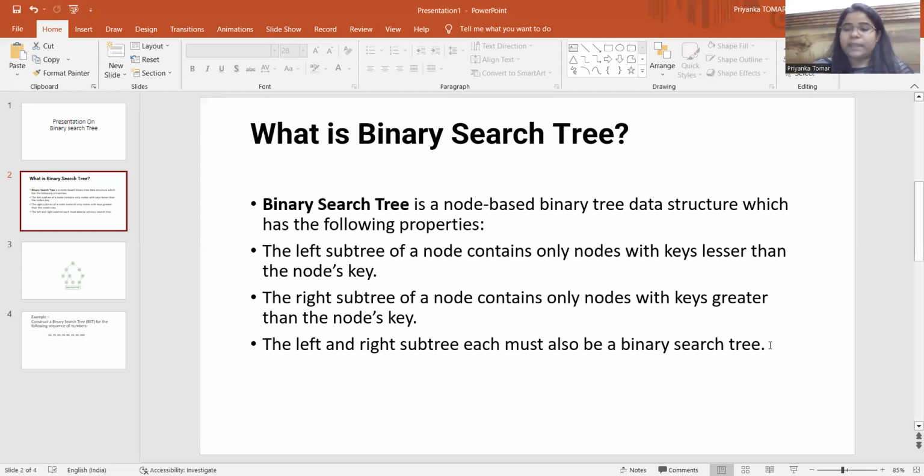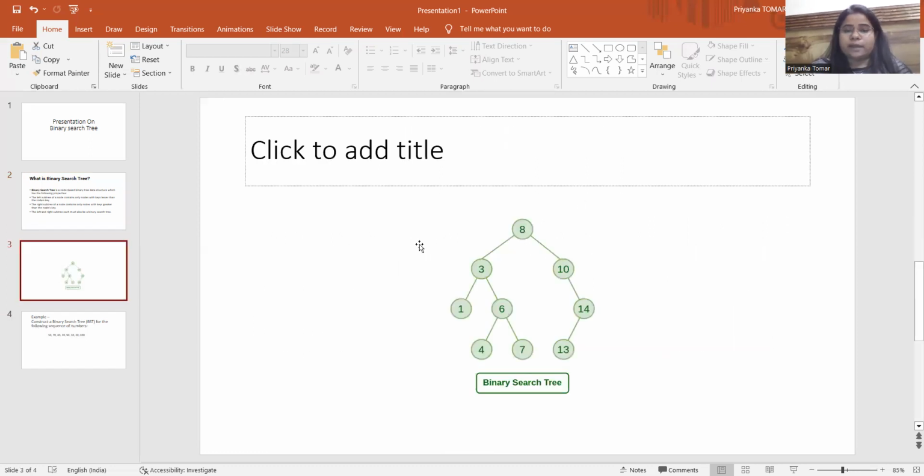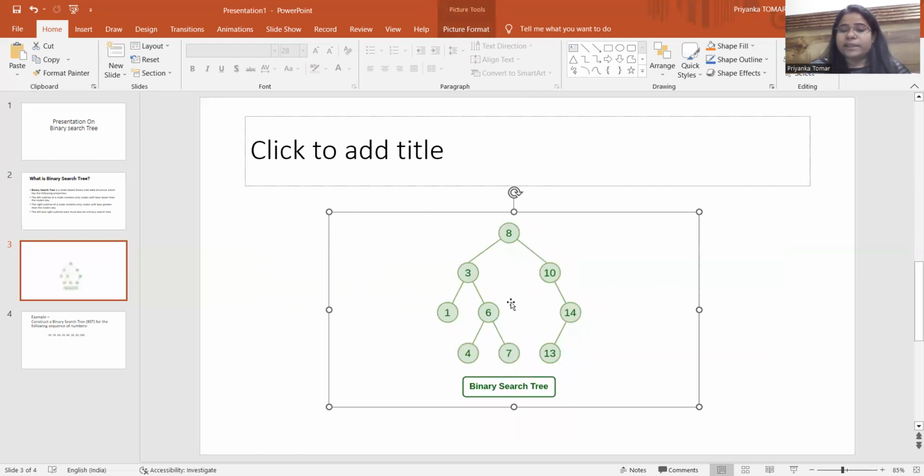What does it mean? That the binary search tree properties will always follow in the left subtree and in the right subtree. Like in this example, we can see that 8 is the root node here, and on this left-hand side is the left subtree, and this right-hand side is the right subtree.